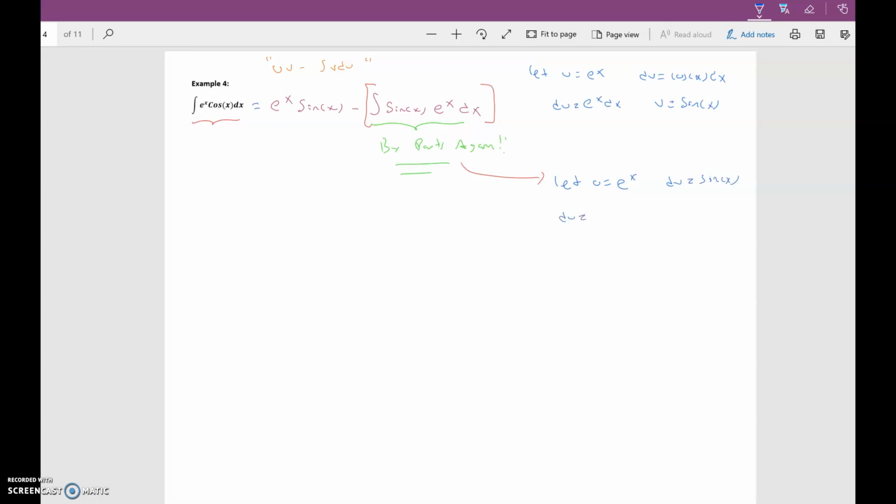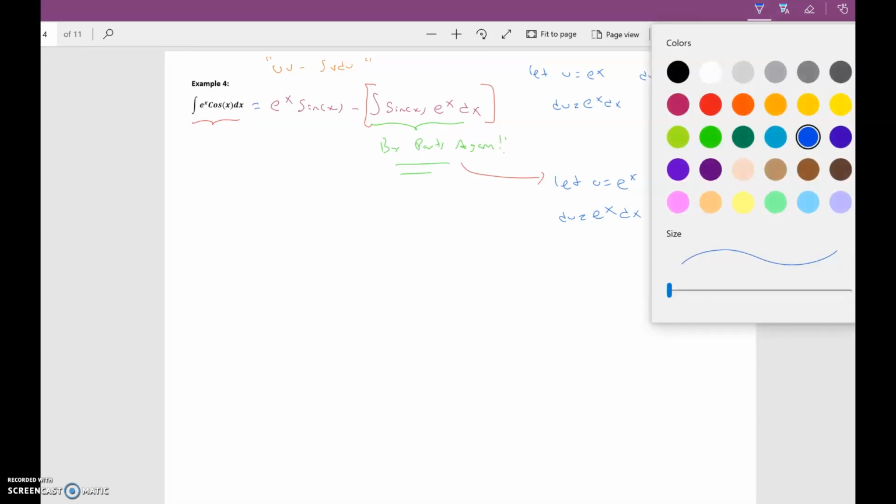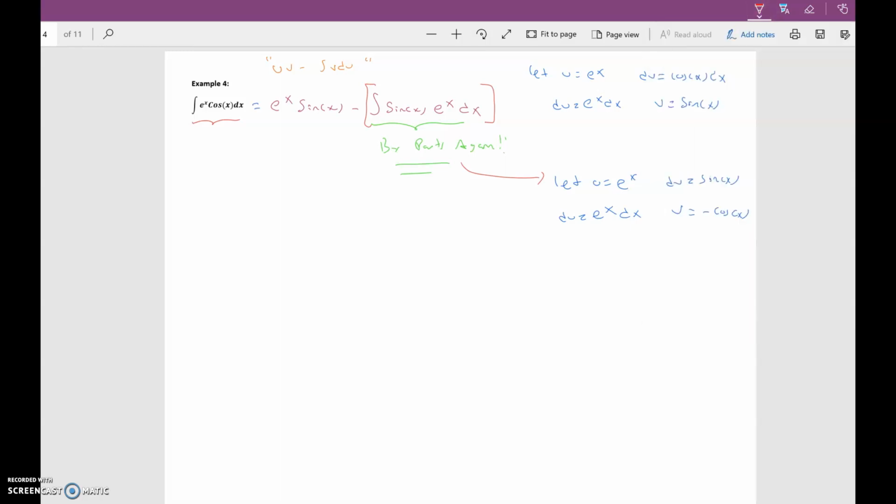So technically the du is equal to e to the x dx. V is equal to technically negative cosine of x. Now let me rewrite the entire formula, because this type of integral cycles.